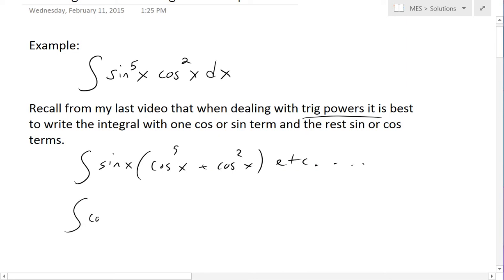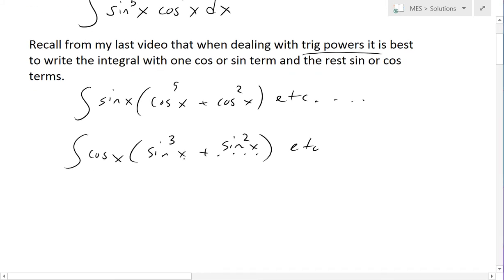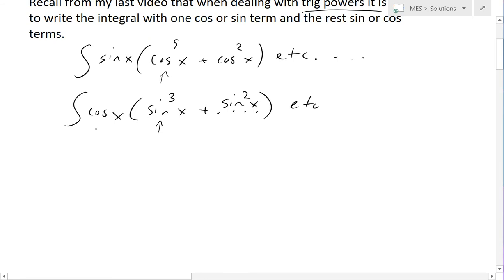Or if you had one cos term, the rest would be sine terms, something like this. The reason for this is that we would then use the substitution rule: we take one of these terms, either cos x or in this case sine, and the differential will give a sine term and a dx, so we'll cancel that out. I'll get to that in a bit.